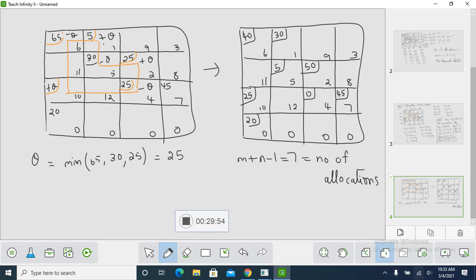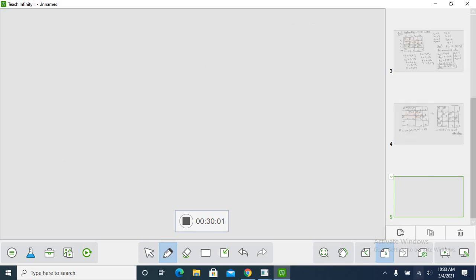Now we start calculating for all occupied cells. When I calculate this, I have to redraw the table once again. What are the occupied cells? If we refer back to the previous table, we have our cells C11 and C12.